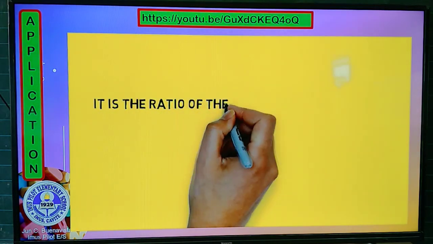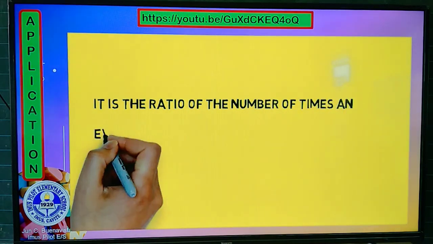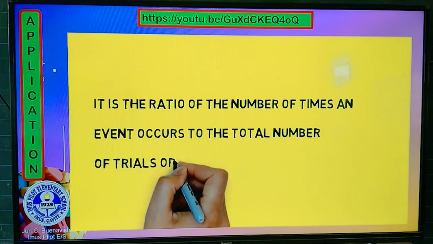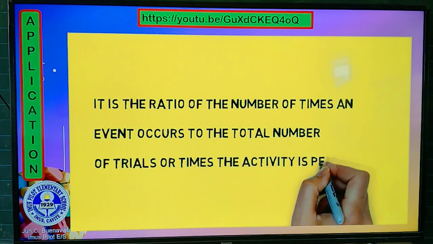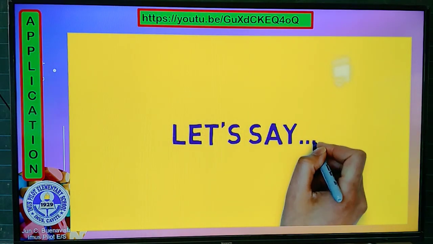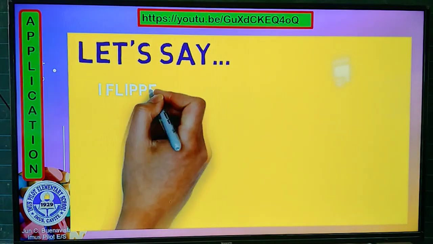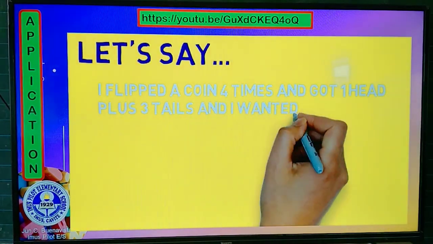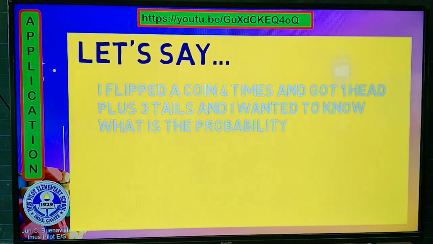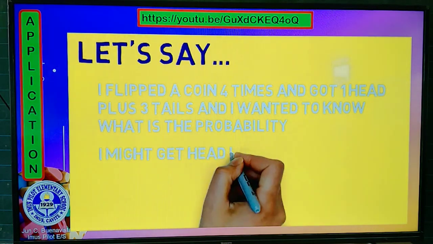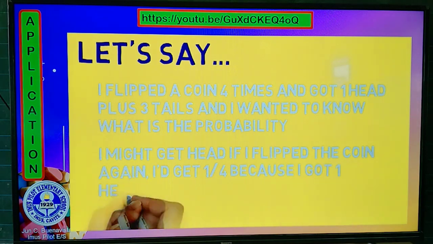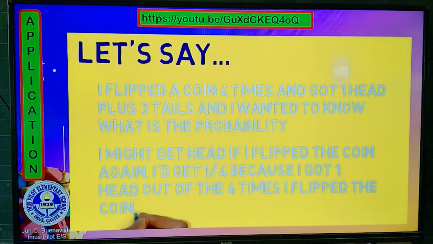It is the ratio of the number of times an event occurs to the total number of trials or times the activity is performed. Let's say I flip a coin 4 times and I get 1 head plus 3 tails, and I want to know the probability that I get a head if I flip the coin again. I get 1/4 because I got 1 head out of the 4 times I flipped the coin.